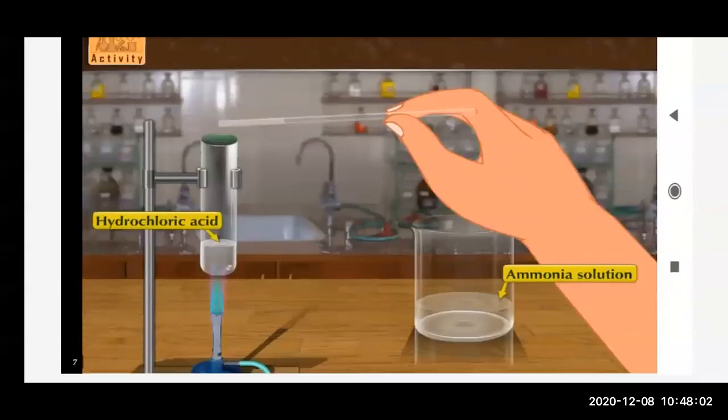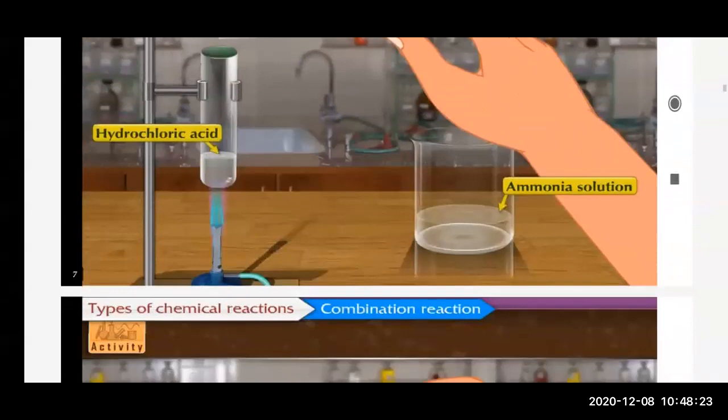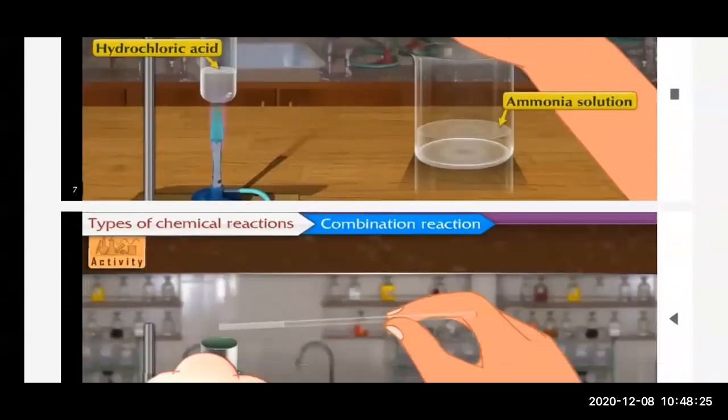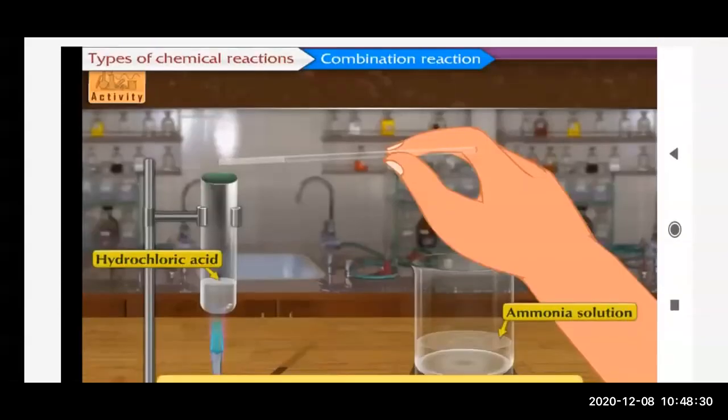In the next slide you can see the glass rod, which is dipped into the ammonia solution, held on the top of the test tube. Now what will you observe? You will observe a white smoke emanating from the tip of the glass rod. So this is the first activity.